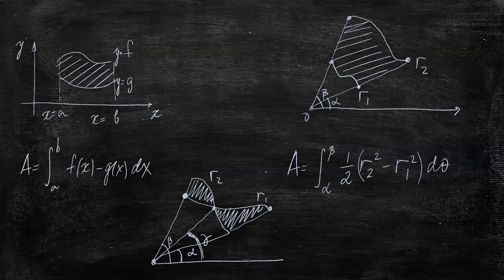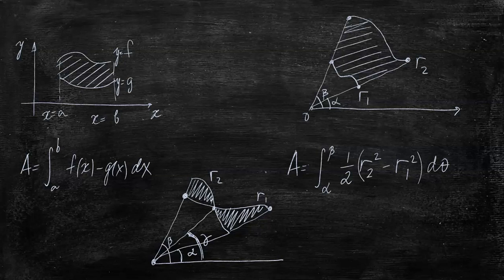So notice how on the interval from alpha to gamma, r1 is further away than r2, and on the other interval r2 is further away than r1. So in this case, you cannot use this formula. If you run this formula, it's going to compute something that geometrically is not on this picture.